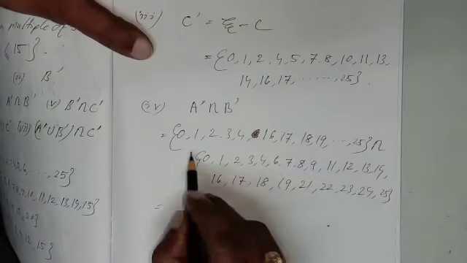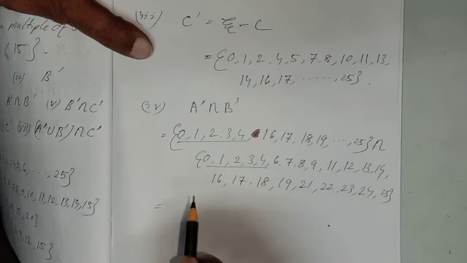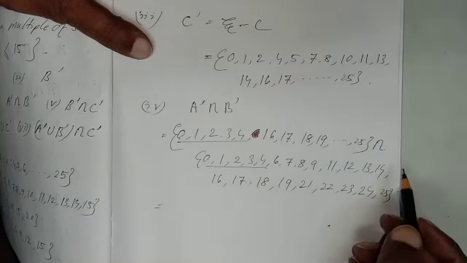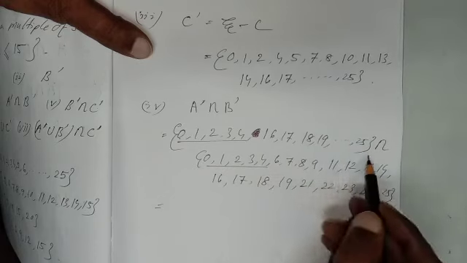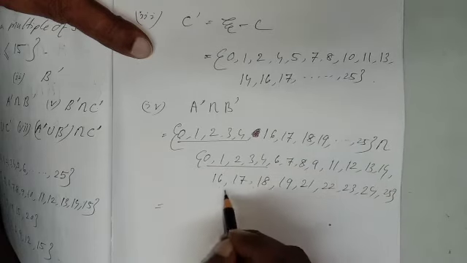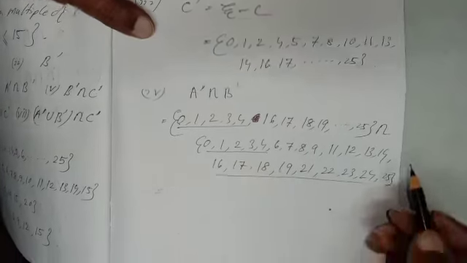The common part is 0 to 4. Any other elements common? Then 16, 17, 18, 19, means 16 onwards. These are all common. You have to write this.